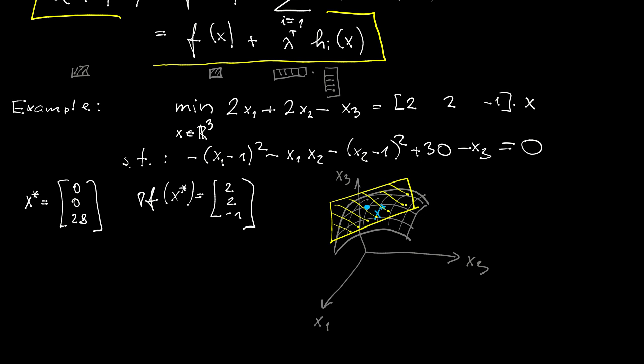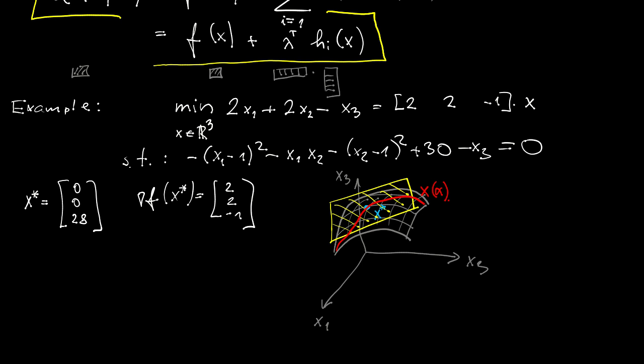Now what I want to do is create a curve that goes over the surface, and I will label all the points on this curve as x of alpha. So the points will be parameterized by a real variable alpha.